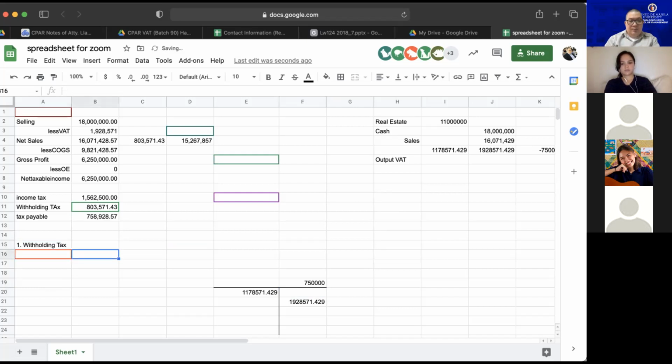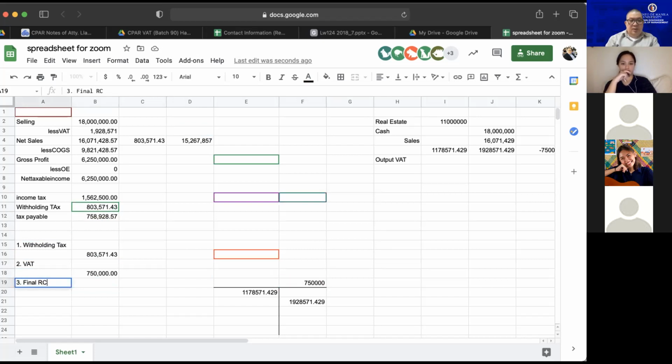Withholding tax is number one. Number two, VAT. Number three, final income tax, regular corporate income tax.